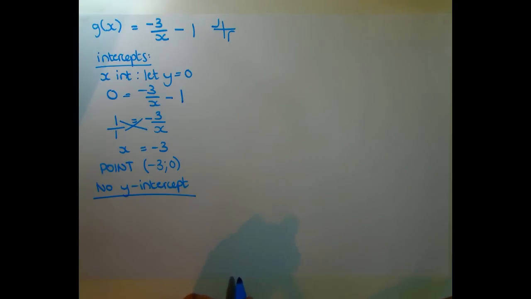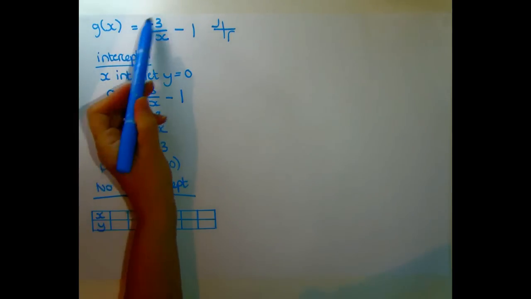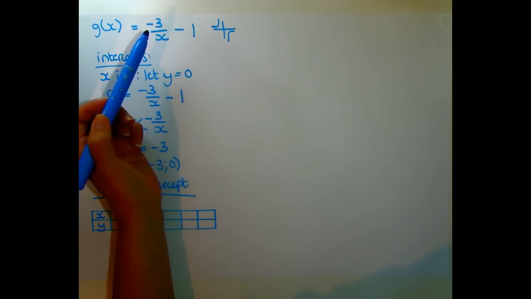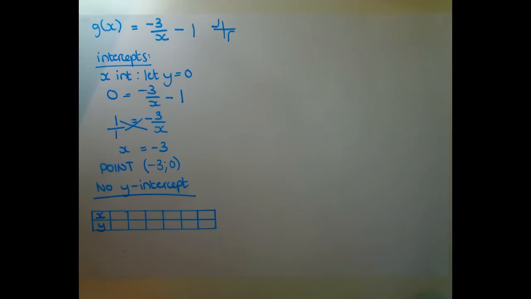Right, then we're going to use our strategic table method again. Remember here, the strategy is to use factors of the a value. The a value in this expression is -3. So, okay, -3 doesn't have very many factors. It's got 1 and 3. It's a prime number. So I'm going to have to manipulate this a little bit.